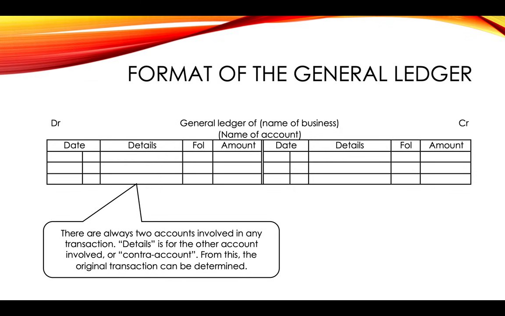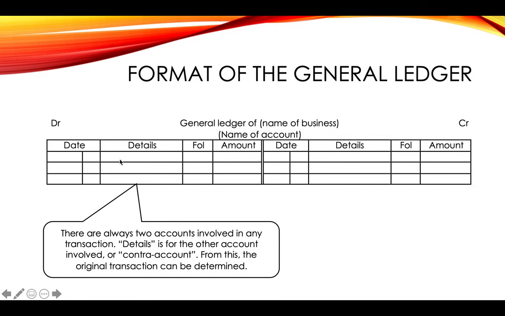The details column is to show the name of the other account involved. Remember, there are always two accounts for every amount for every transaction. So over here you are working in one of the accounts, but it's useful to know where else that information would appear, or what was the other side of the transaction.